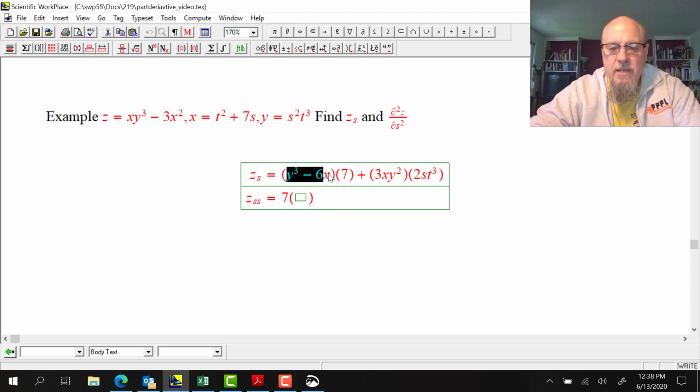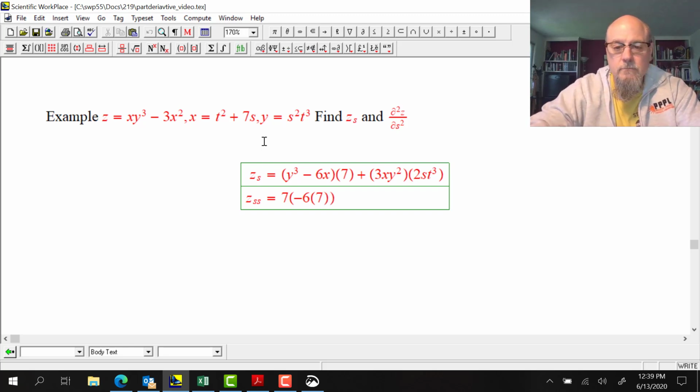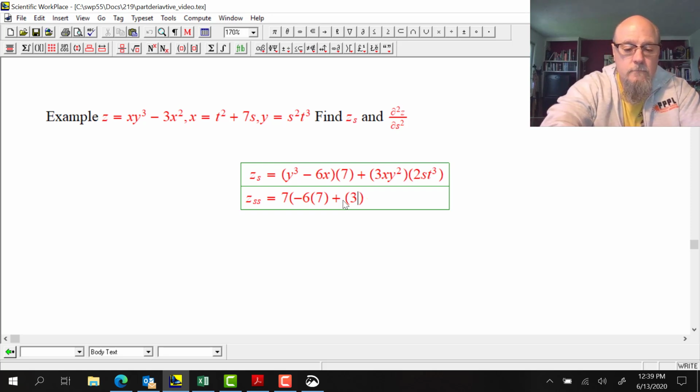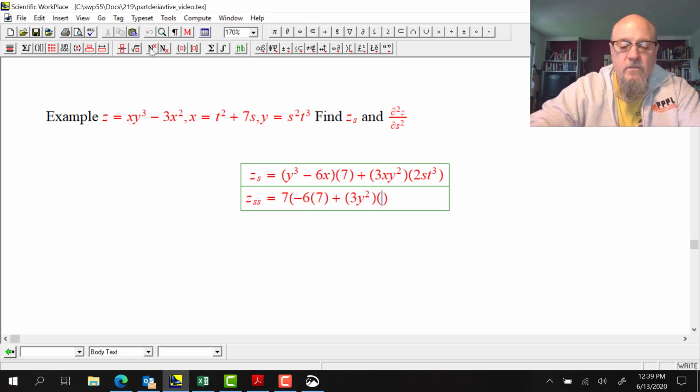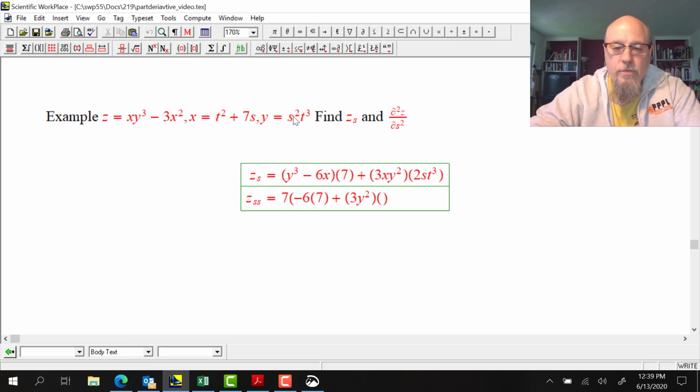So it's differentiate this with respect to x times the derivative of x with respect to s, which is the same as it was last time, plus the derivative of this piece with respect to y times the derivative of y with respect to s, which is the same as it was before.